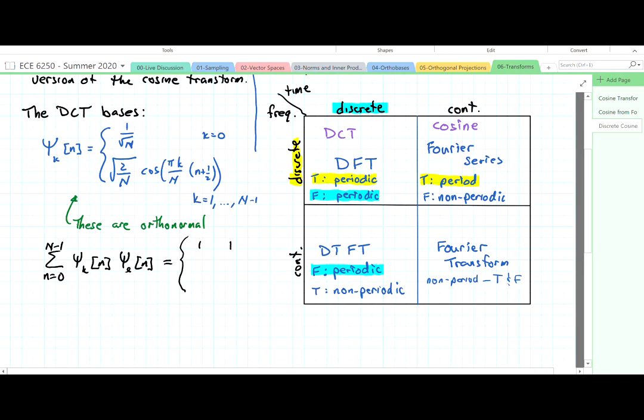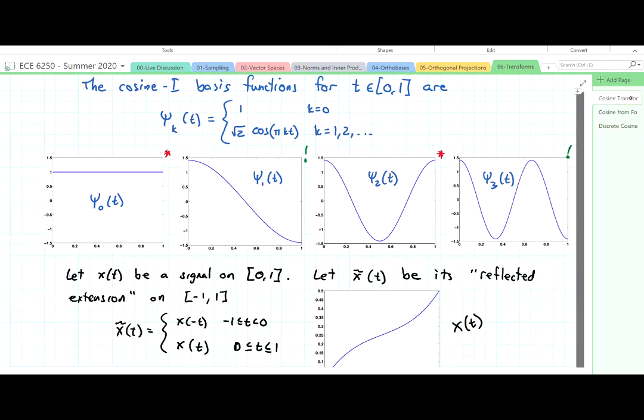I know I've gone through this a little bit fast, and I'm not really showing it. You can take my word for it. If we have different frequencies, then we're multiplying 2 different sinusoids, and we're going over half a period. And so you may recall half a period of a signal would be something like psi 1.